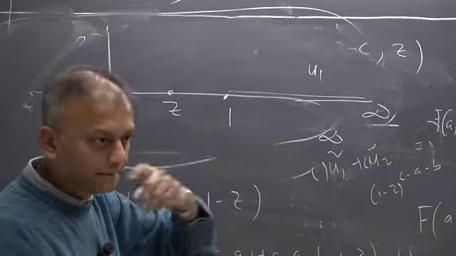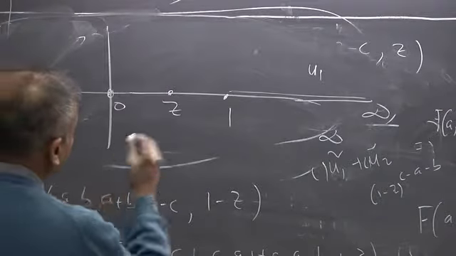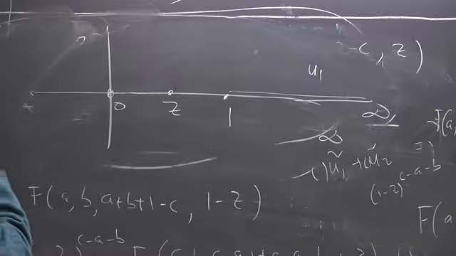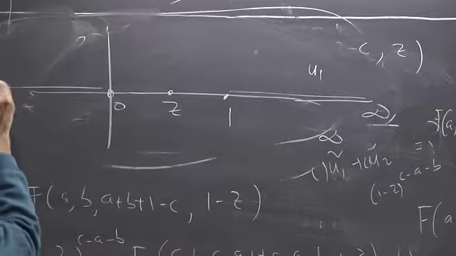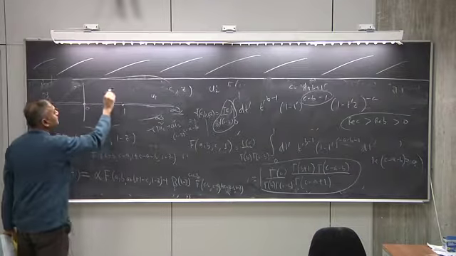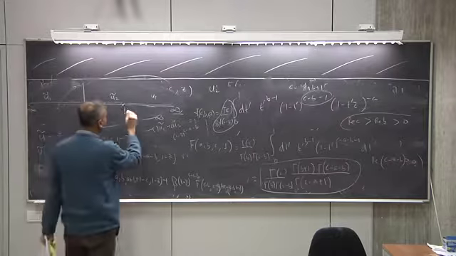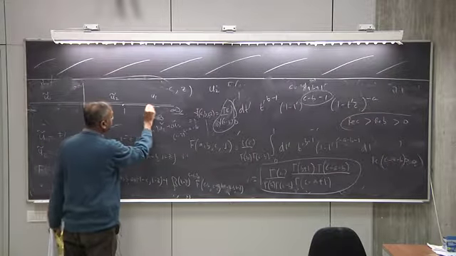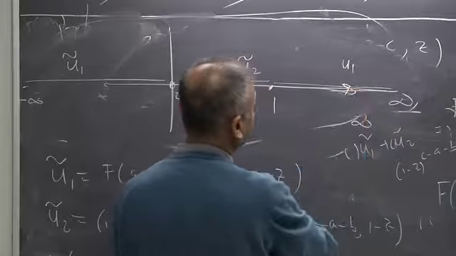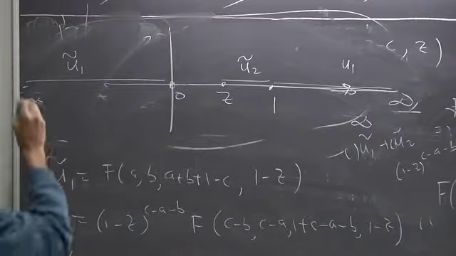On the other hand, this integral gives you u1 tilde, and this integral gives you u2 tilde. This is something you should check; I leave that as an exercise. But assuming you can show it, you can do the following. This integral is u1, so let us consider, again using the residue theorem, this integral.